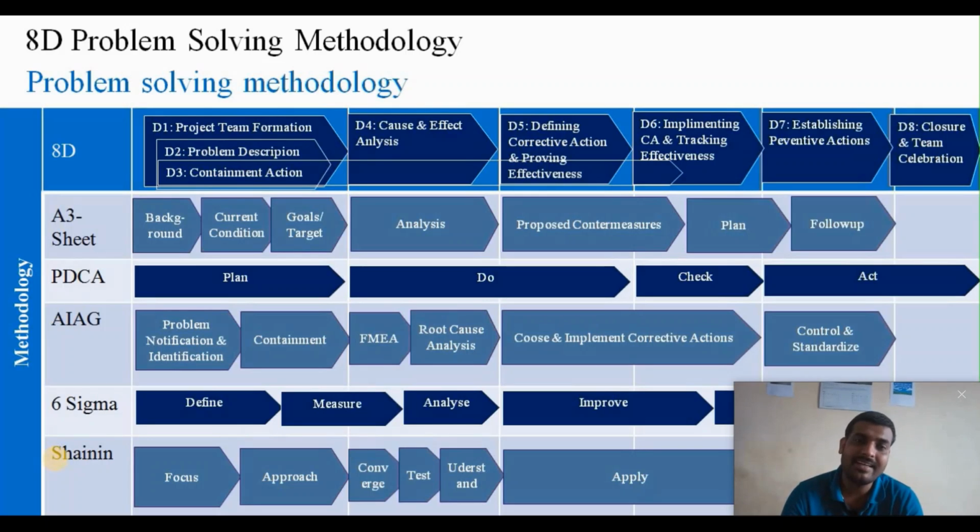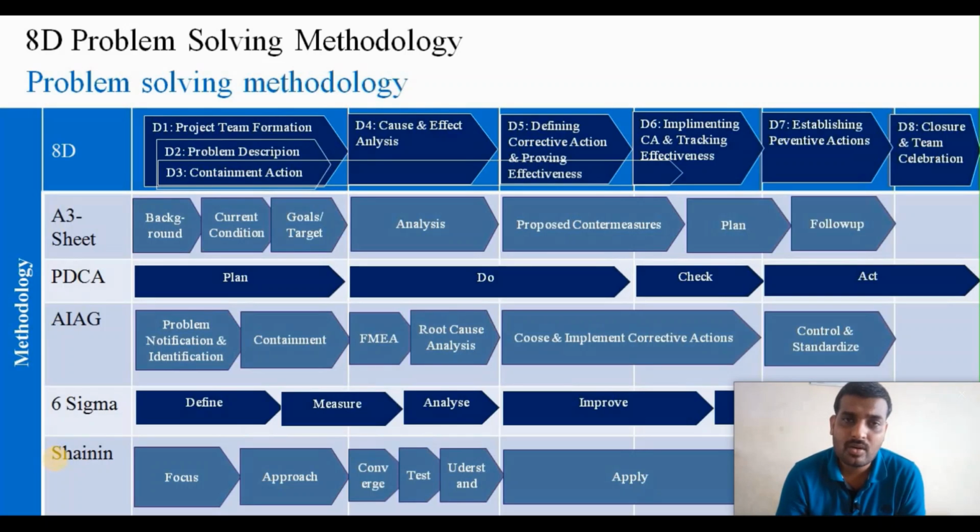Shainin is an advanced problem solving methodology which uses the thinking of moving from Y to X, that is from the output variable to the root cause, the red X.